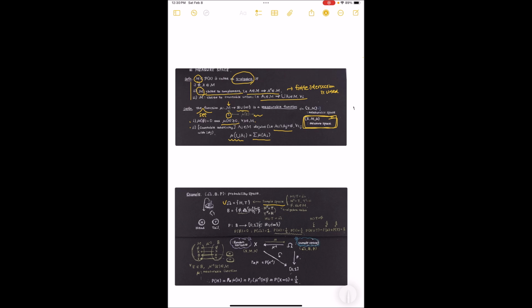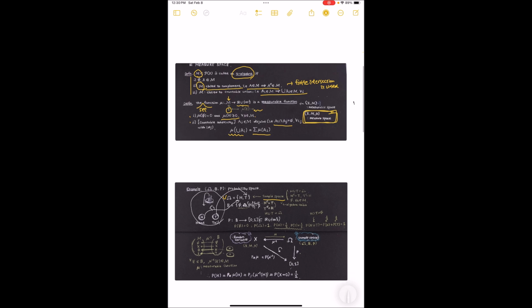What are H and T? I will toss a coin, and if you toss the coin in a normal situation, you see a head or a tail. So H corresponds to this, T corresponds to this. Then B satisfies the sigma algebra axioms.